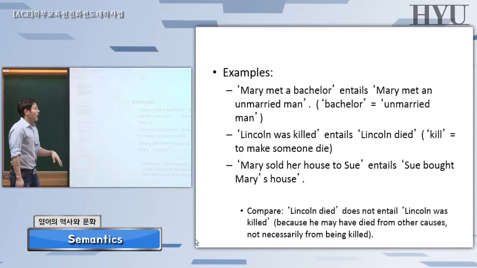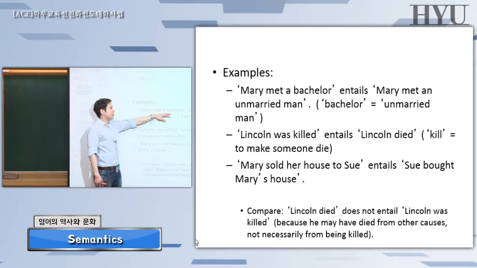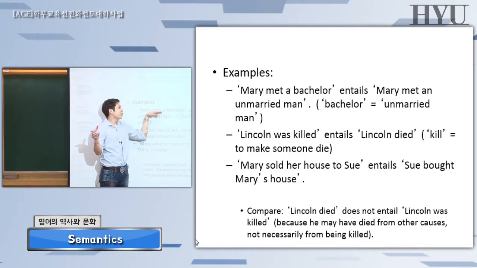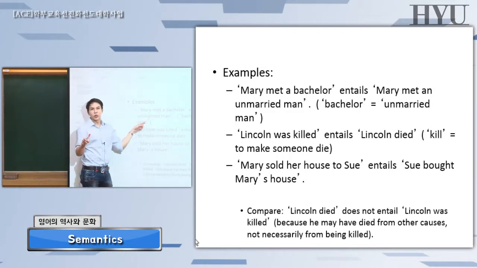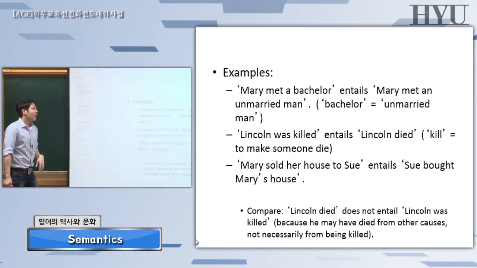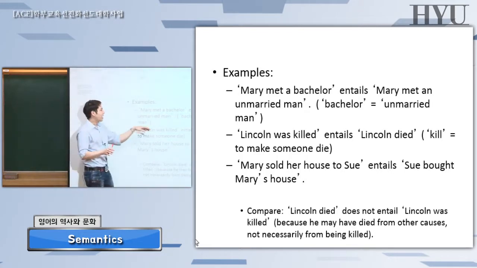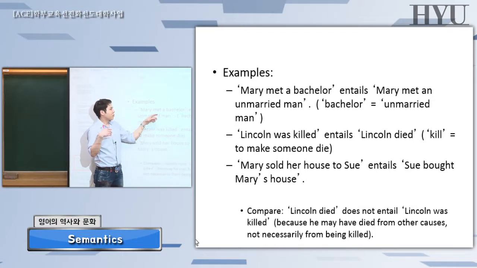If Mary met a bachelor is true, then it must also be true, necessarily, that Mary met an unmarried man. It cannot be true that Mary met an unmarried man is false, while Mary met a bachelor is true.